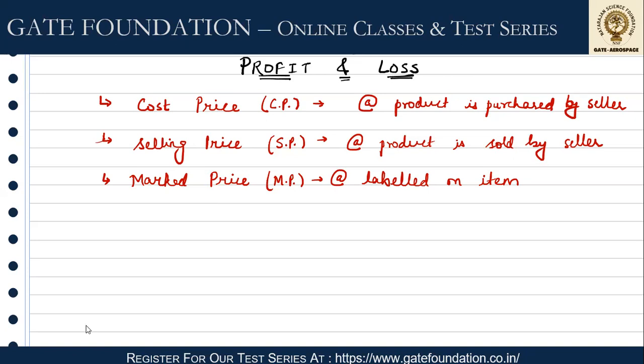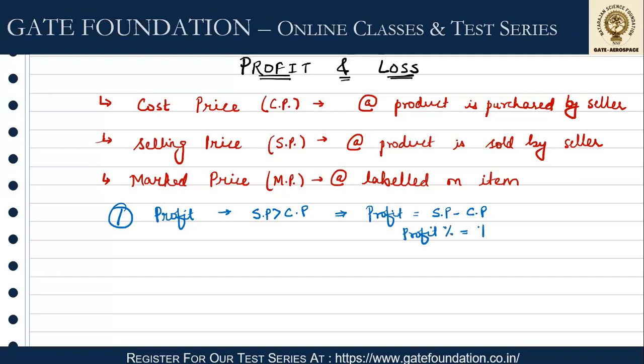Now there are two conditions for a seller. The first condition is known as profit. What is profit? Profit is when selling price is greater than cost price. तो आप जितना जिसमें बेच रहे हो और आप जितना खरीदा हुआ उसके अंदर बहुत ज्यादा डिफरेंस है, and आप ज्यादा में बेच रहे हो उसको, then only you will get profit. So profit is given as selling price minus cost price, and there is one more thing, profit percentage.